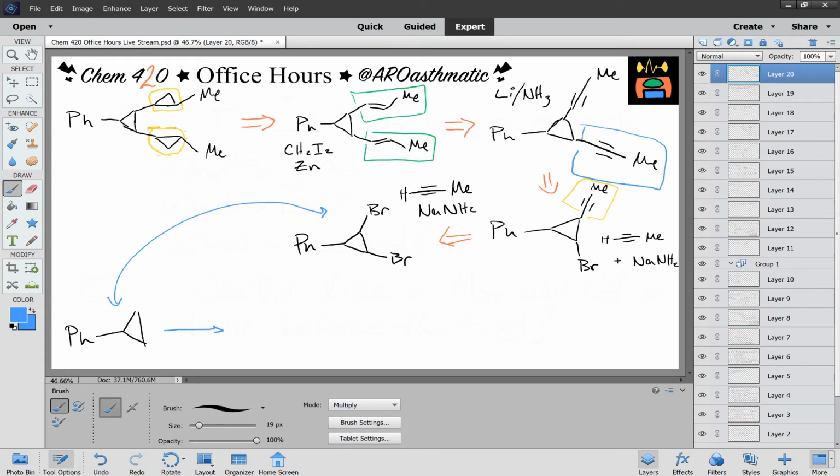If you do not have this in your back pocket, you definitely want it. NBS and light is a radical bromination reaction that will put a bromine on your phenyl.